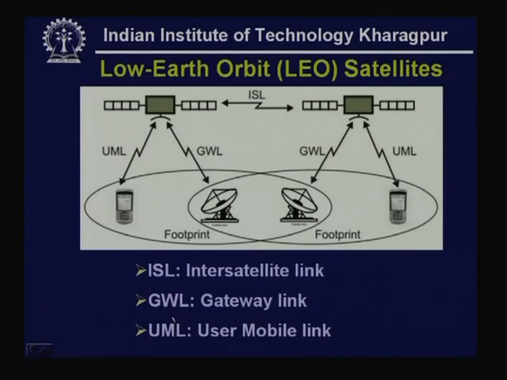So, this is known as GWL, that is your gateway link, and third is your user mobile link. So, directly the mobile phones can communicate with the satellite in this case. So, there are three different types of links which are used for communication: ISL, GWL and UML, user mobile link, gateway link and inter-satellite link.